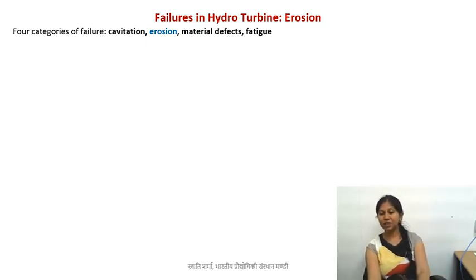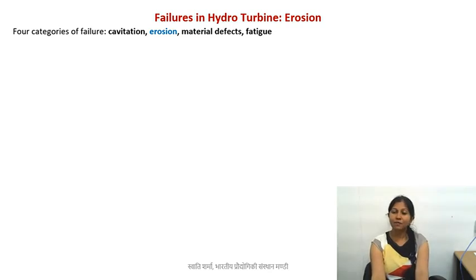Now cavitation also ultimately leads to material removal, so you can also say that it is a type of erosion. But what we commonly use the term erosion for is when the particles that are hitting your surface are solid particles.